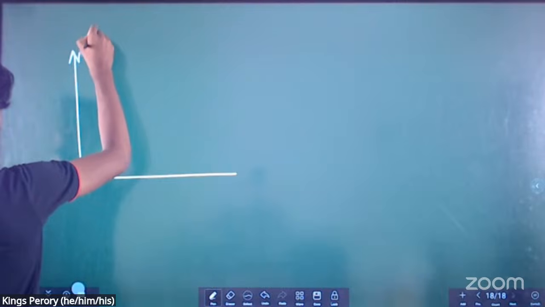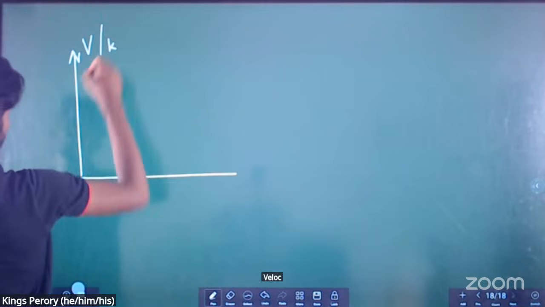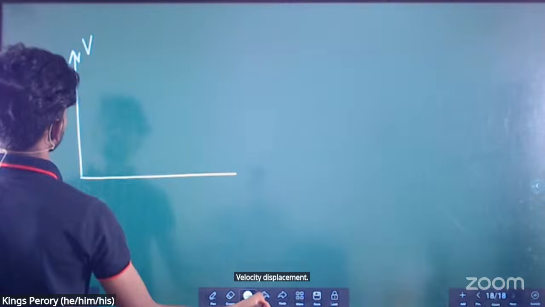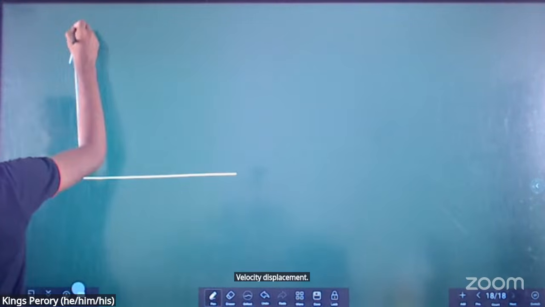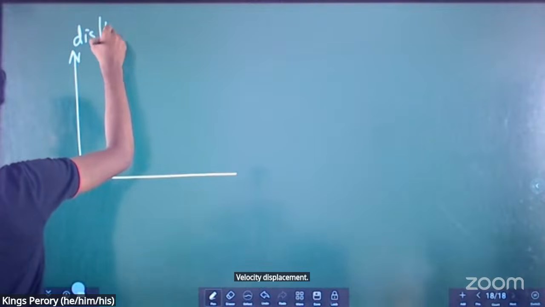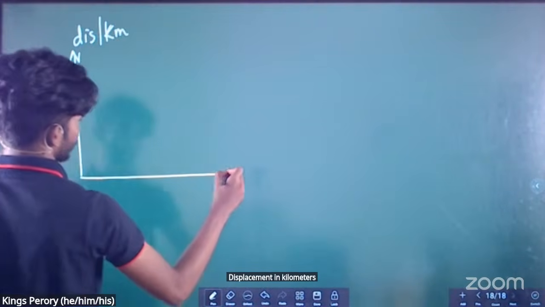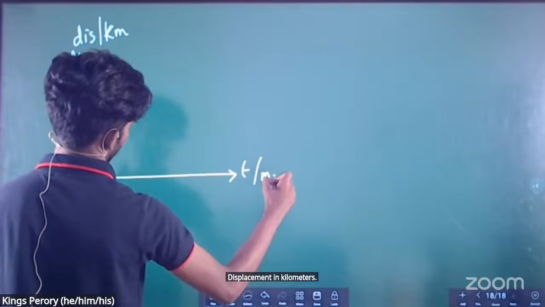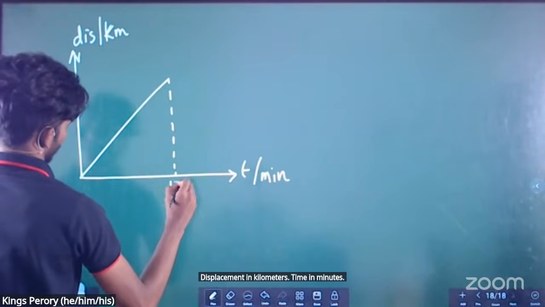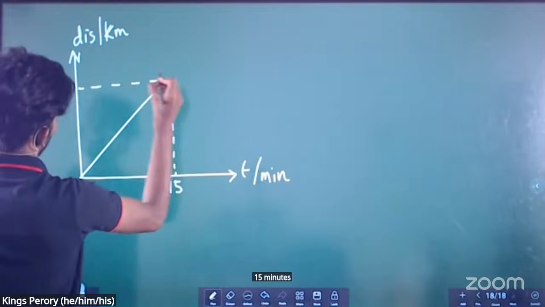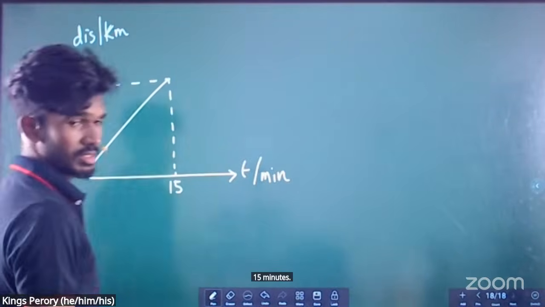Velocity, displacement. Displacement in kilometers, time in minutes, 15 minutes, 2 kilometers.